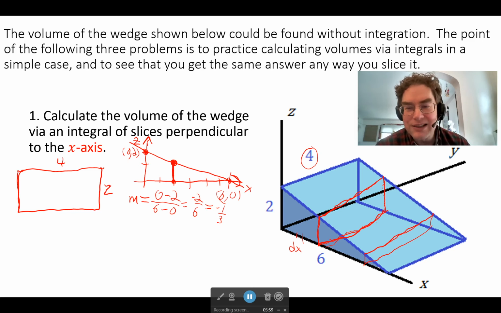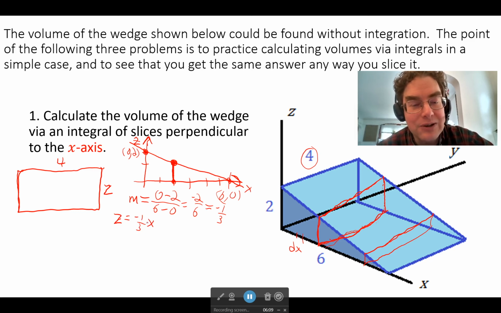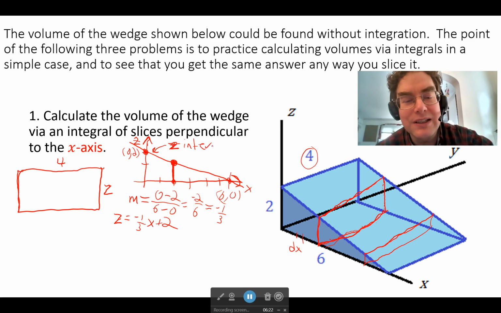So we can go straight to slope-intercept form and say that this line has equation z = mx + b, so that's z = -1/3 x + 2. Whoops, I keep wanting to call it a y-intercept, but in this case, of course, it is z.